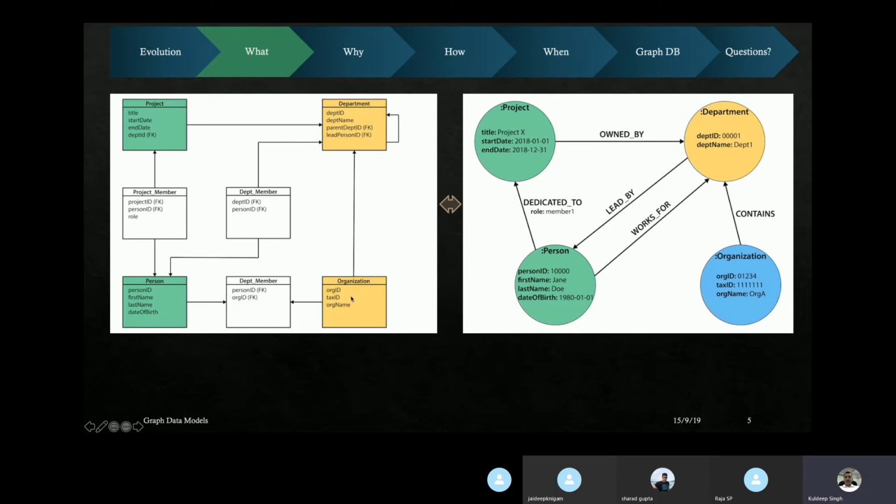While querying, you don't take relationships into consideration. If you have to, you can go this way or use the foreign key to get the relationship. But relationships are not at the same level as the entities. Here, both are at the same level, which means you can design a querying mechanism based on relationships also. In the relational model, you cannot design a query mechanism based only on relationships.